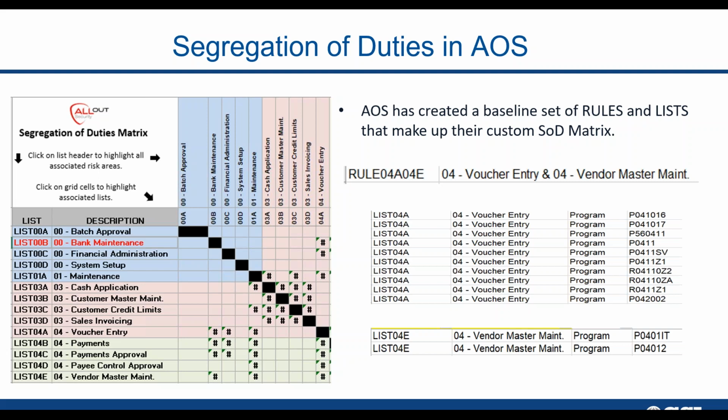Taking into effect rule 04A and 04E, it deals with being able to enter a voucher and also maintain the vendor master. So essentially you can create a new vendor and start entering vouchers towards that vendor, which would potentially get processed for payment. And if you're entering and maintaining the vendor, you probably have bank account access, or at least have the address and some other pertinent information that you could make up, where the payment would be sent.